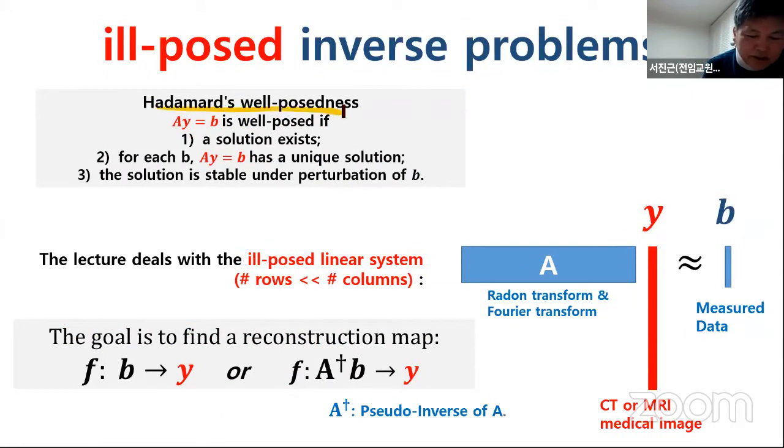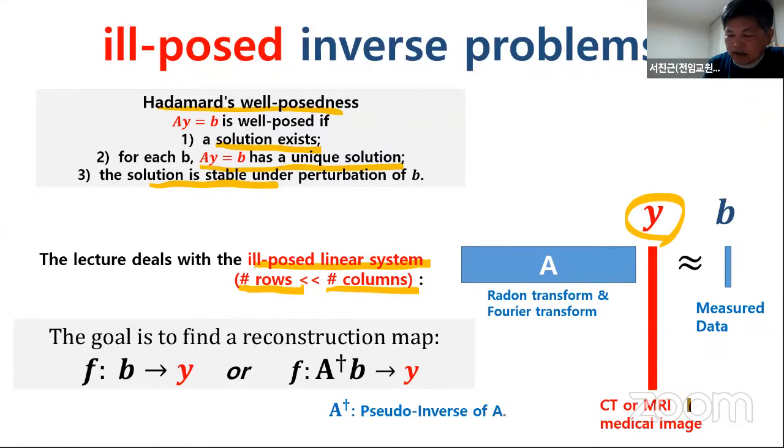Hadamard explained that a system Ay = b is well-posed if a solution exists, it is unique, and it has stability. But in this talk, we deal with an ill-posed linear system like this, where the number of rows is much less than the number of columns. Here, y is the CT or MRI medical image, and b denotes the measured data.